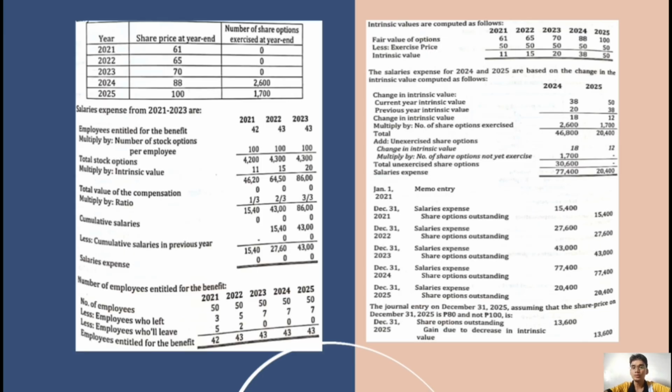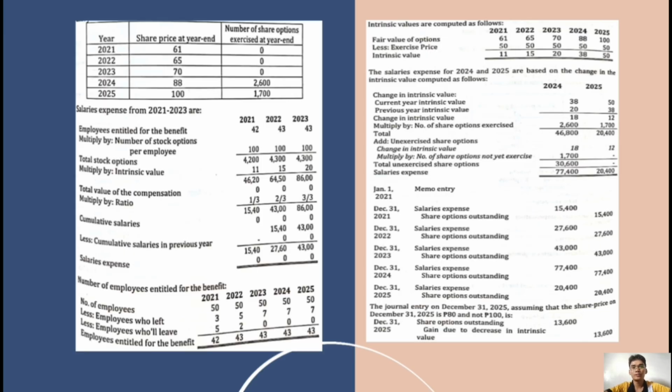In 2023, 70, exercise price is 50, equals an intrinsic value of 20. And in 2024, there is 88 fair value of options and exercise price of 50 equals 38 of intrinsic value. And in 2025, there is 100 fair value of options and 50 exercise price equals 50 intrinsic value.